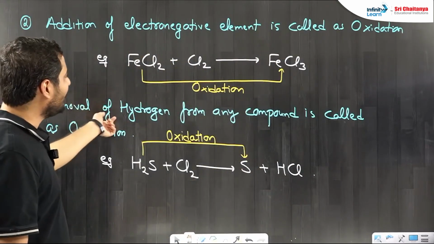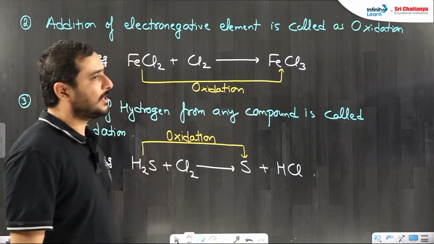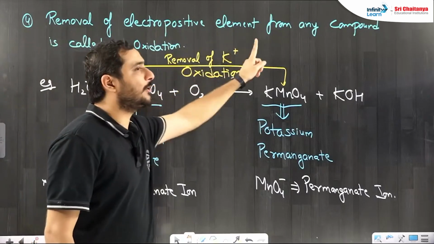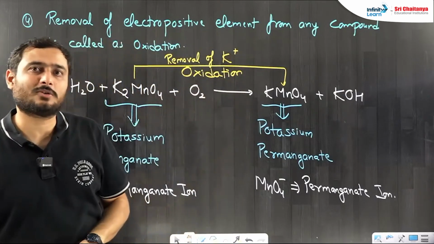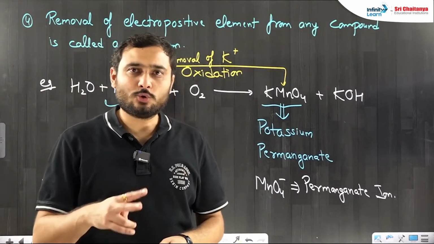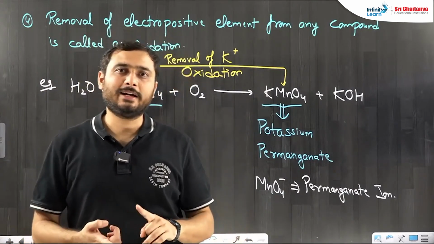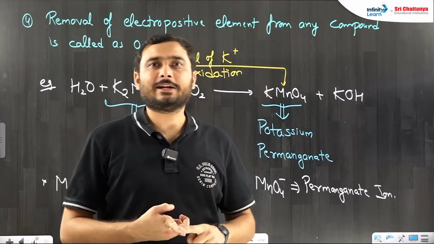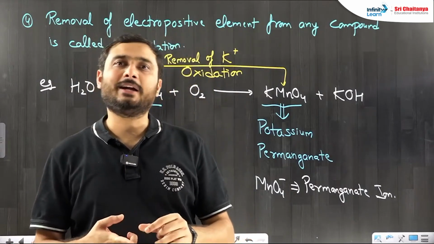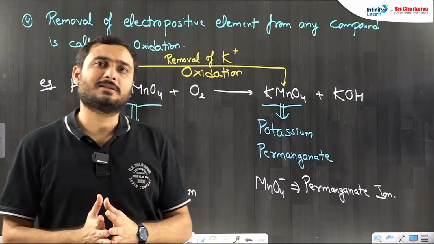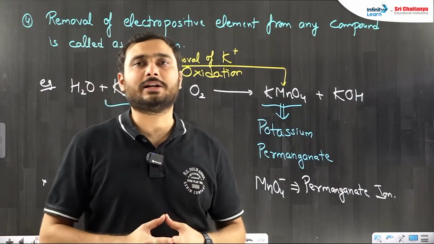Next is removal of hydrogen from any compound, oxidation. And last is removal of electropositive element from any compound, also oxidation. So 2 additions and 2 removals. Addition is for oxygen and electronegative element, and removal is for hydrogen and electropositive element.